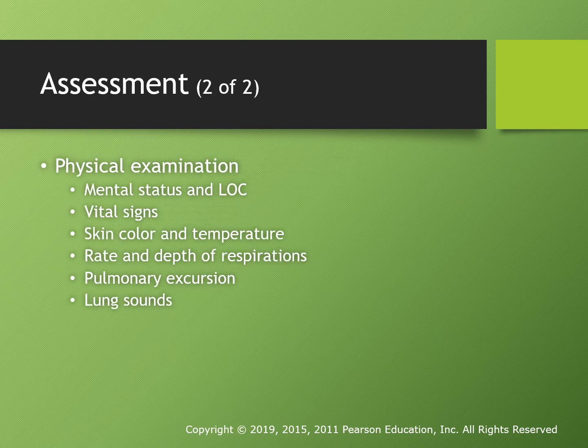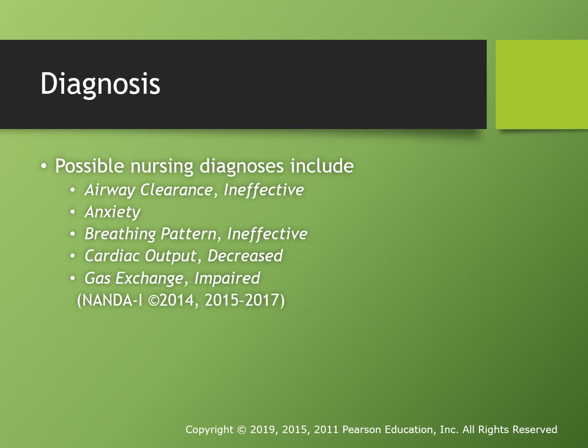The physical exam: examine mental status and level of consciousness. Vital signs, look for elevated heart rate and low respiratory rate, skin color and temperature, and rate and depth of respirations, pulmonary excursion, how is your chest expanding, and lung sounds, how do they sound?